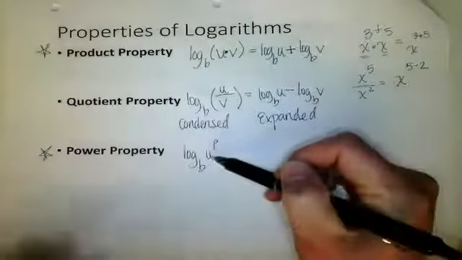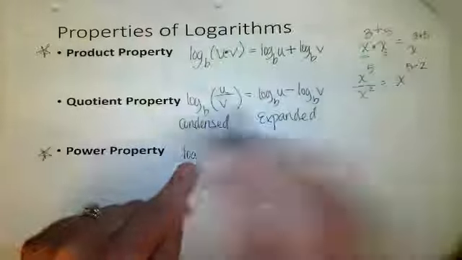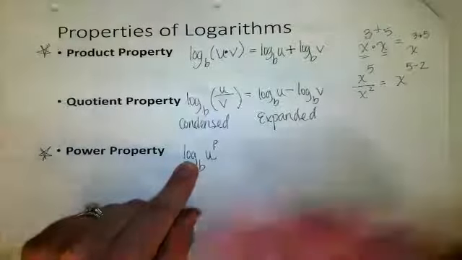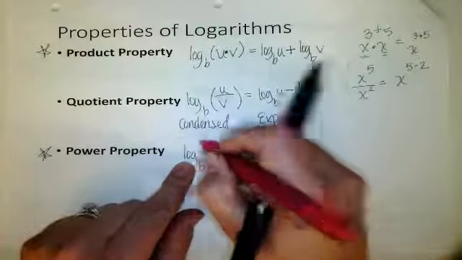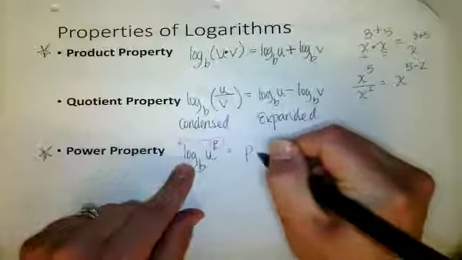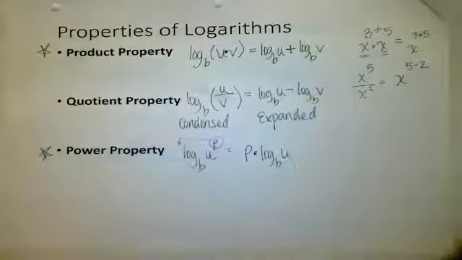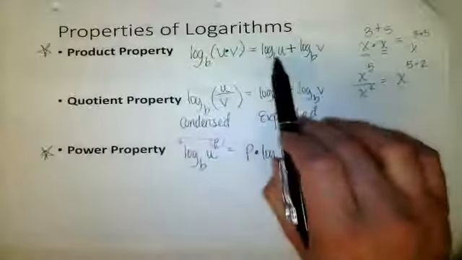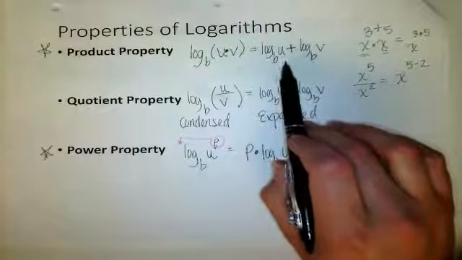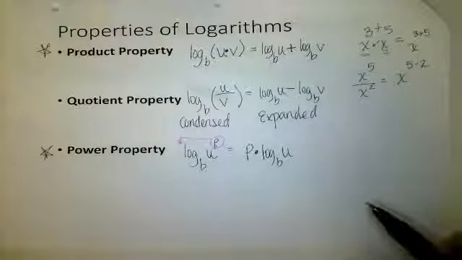If you have something with an exponent and there happens to be a log in front, then it turns out that that power just gets to drop down in front, p, and multiply log base b of u. Really what's happening is we're doing repeated addition a whole bunch of times, but I'm not going to go into why. That's called the power play.